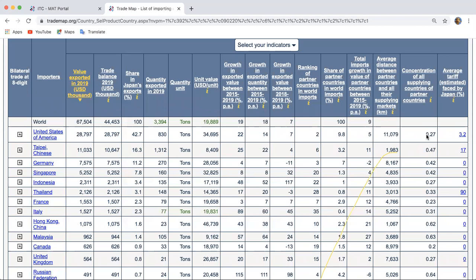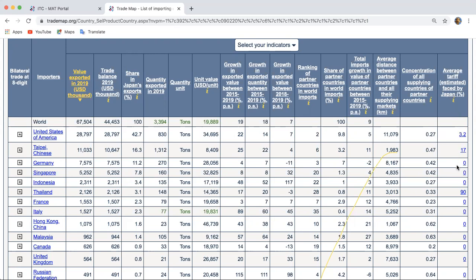And I suspect it's China, because it's the largest exporter of green tea, as we saw before. We see that 0.27 is higher than 0.18. So we can say that this is also a concentrated supply of green tea to the US. This is even higher. So Chinese Taipei will probably be supplied by maybe even one or two main countries.